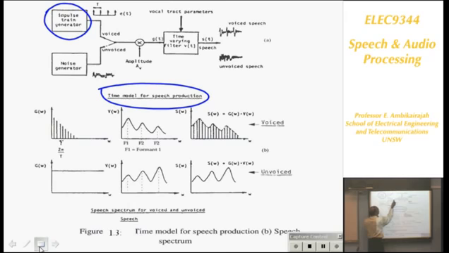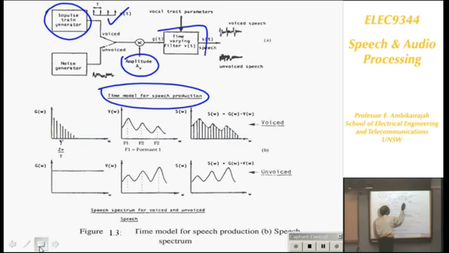That goes through a small amplitude controller, because most of the time voiced sounds have higher loudness and intensity, as opposed to unvoiced sound, which has very low intensity or power. So we need to have an amplitude control. We need to switch between voiced and unvoiced. If it is voiced, the vocal cord vibrates. For the unvoiced bit, you keep it held apart, so it doesn't vibrate. So you decide, you have a soft switching between them.